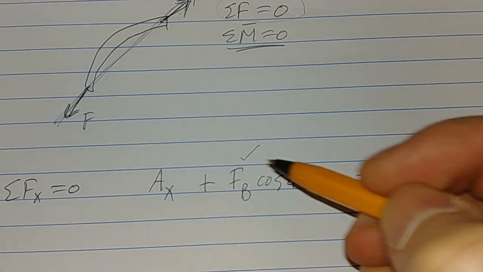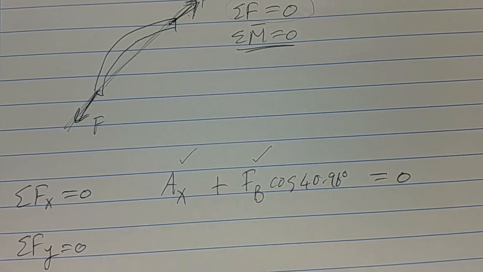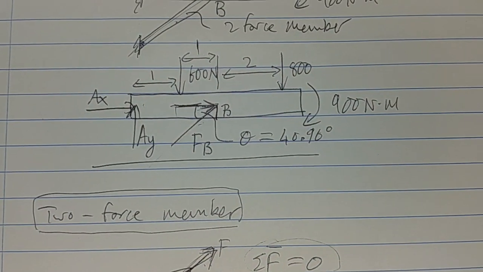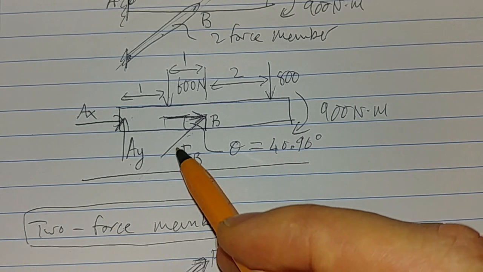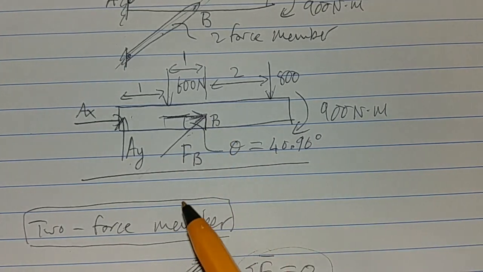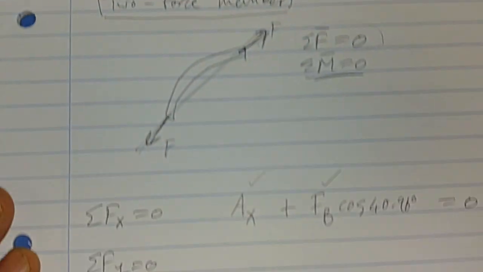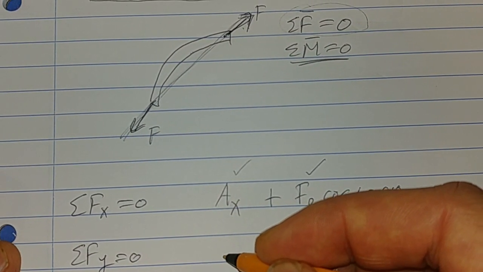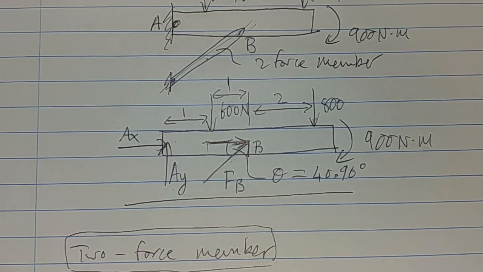We don't know what FB is. We don't know what AX is. So sum of the forces in the y equals 0. What are the forces acting in the y direction? We've got AY, minus 600, minus 800, and this vertical component of FB. So we've got 4 forces. Remember again, I've just chosen AY to be upwards, but you can choose it downward.